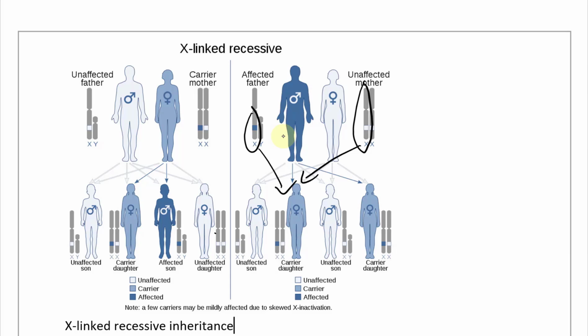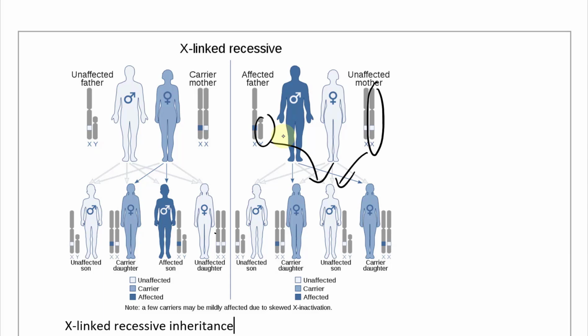Let's erase this. Then the next one is, if you have a Y, and this X is over here, so nothing's there. The next one over here is going to be a Y and the other X, and that's going to be a male that's unaffected.